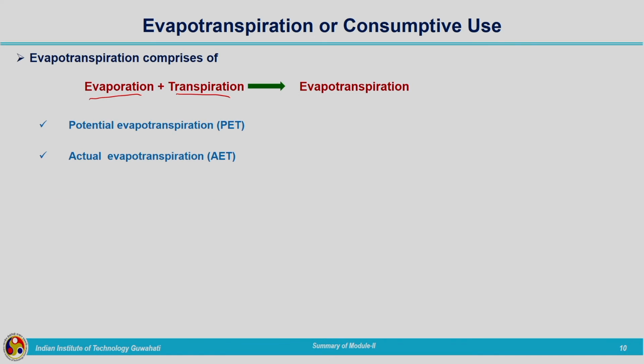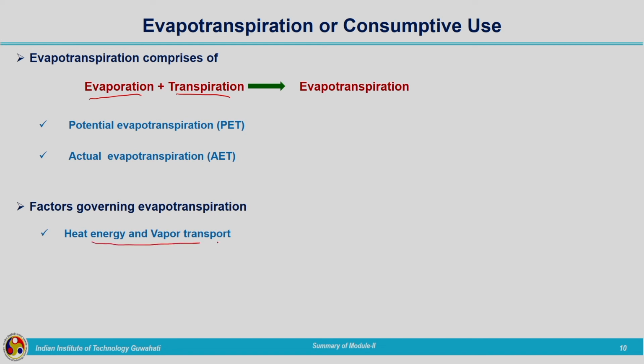These two we have seen, and then we went on to understand the factors governing evapotranspiration. The factors influencing evaporation also influence evapotranspiration, that is, heat energy and vapor transport.